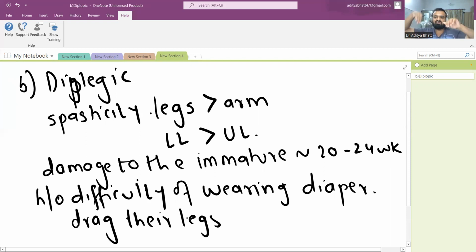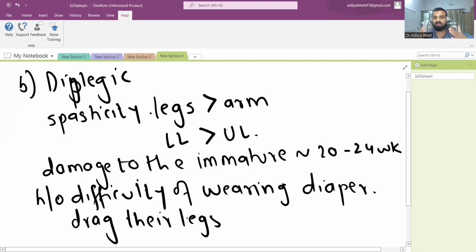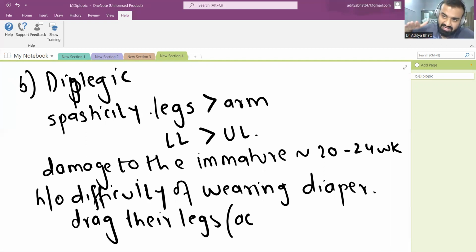When we walk, there is flexion, extension, alternating movement. When the legs are spastic, you do not have that normal movement of the legs. So you have to drag your legs, and they act like a rudder. So the child crawls like a commando, and the legs are dragged behind the child.